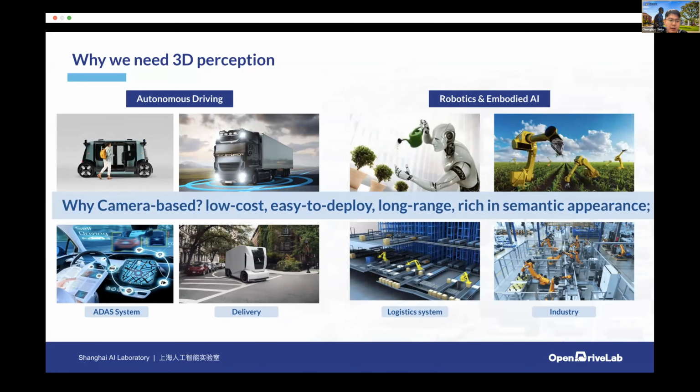And why do we focus on camera-based methods? There are some basic reasons. It is low cost, it is easy to deploy, it can sense long range, and it is rich in semantic appearance.